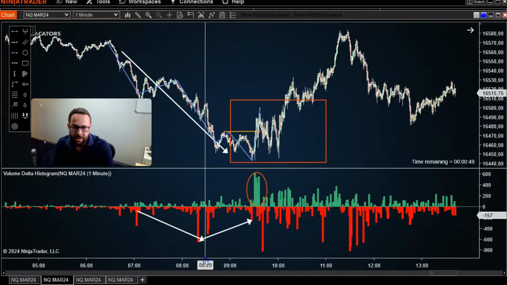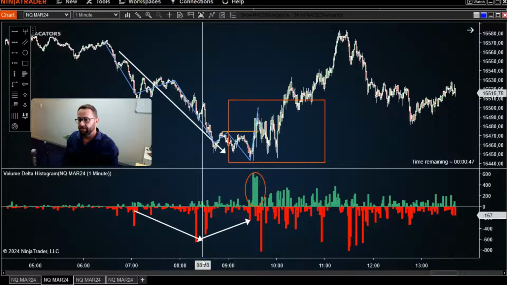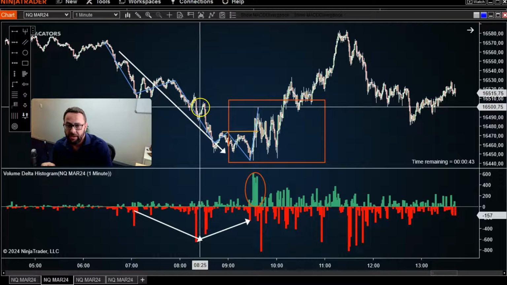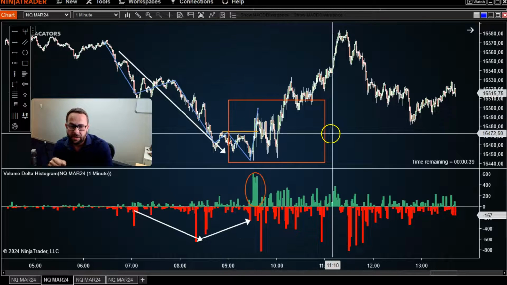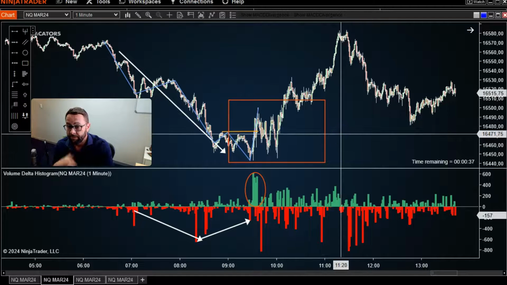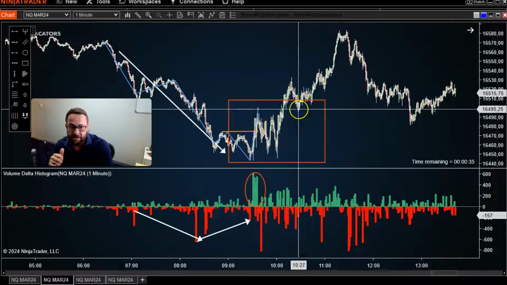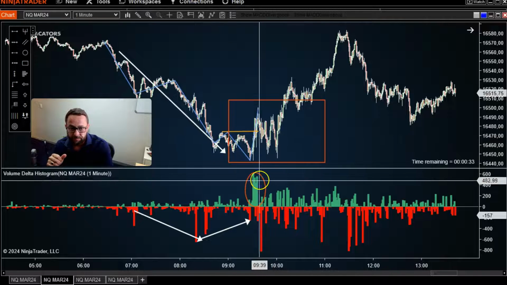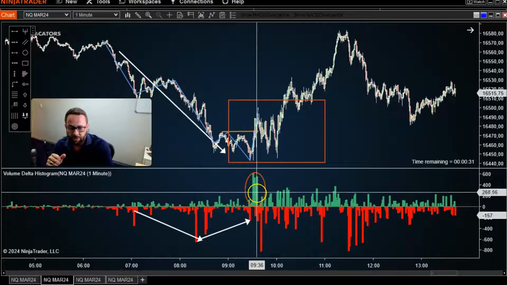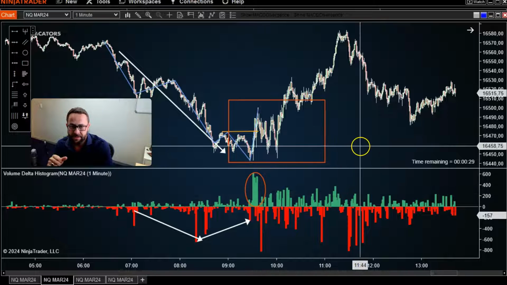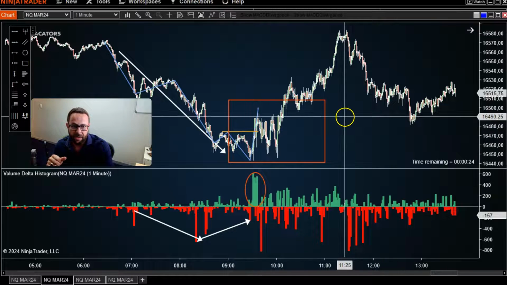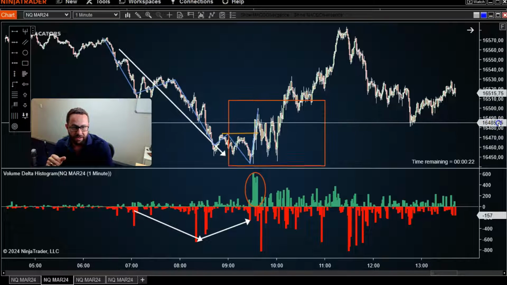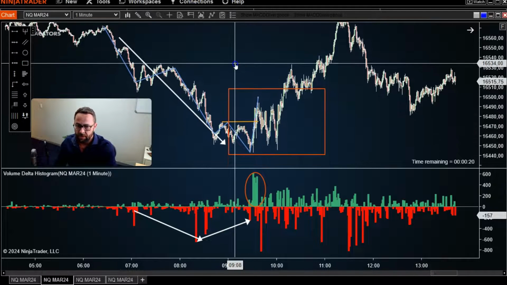So knowing that we typically get a reversal during that time window, even though price was trending lower in a very strong downtrend, you can then start looking for a type of reversal trade. So a break of structure, with an increase of volume on the volume delta histogram in the opposite direction, during that time window is a good indication that I would, for example, like to go long.